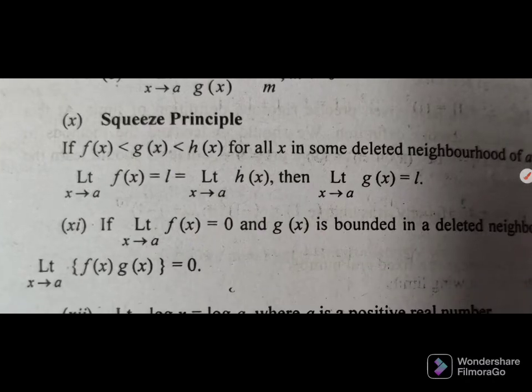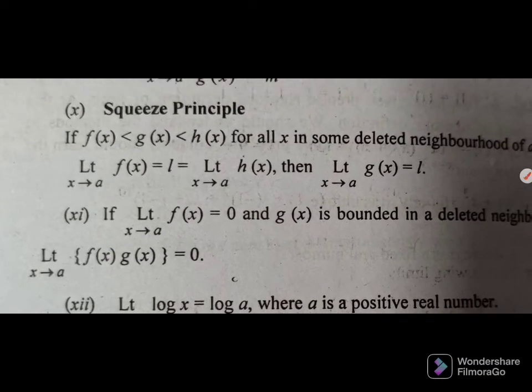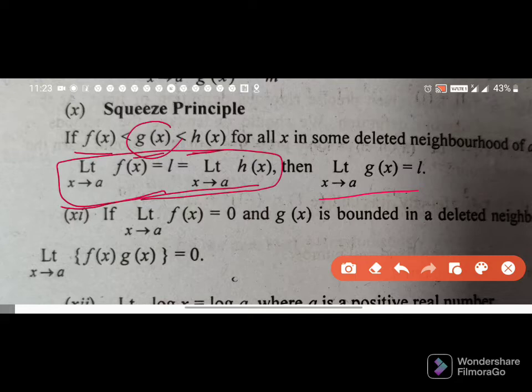Next, very important, the Sandwich principle. If f(x) is less than g(x) less than h(x), and the limit of f(x) is L and the limit of h(x) is also L, then the limit of g(x) is also L. This is the Sandwich principle.